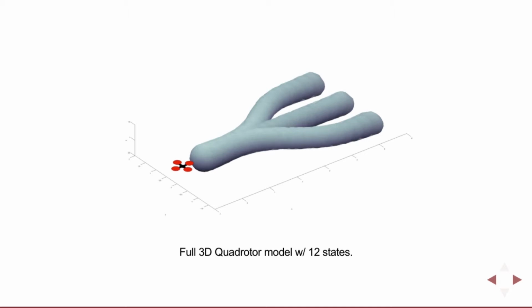The one Ani put in the slide deck here was a full 3D quadrotor with 12 states. Here's a bunch of funnels for the quadrotor model. So 12 state dimensions. We were able to compute these in a little bit of time. How long would you say? 20 minutes.